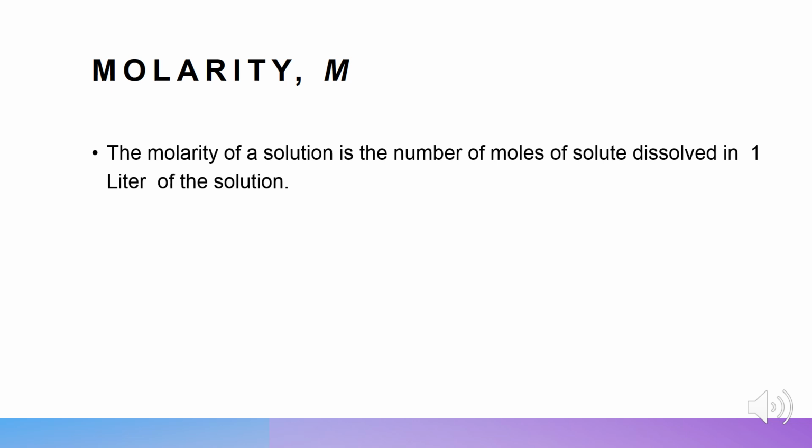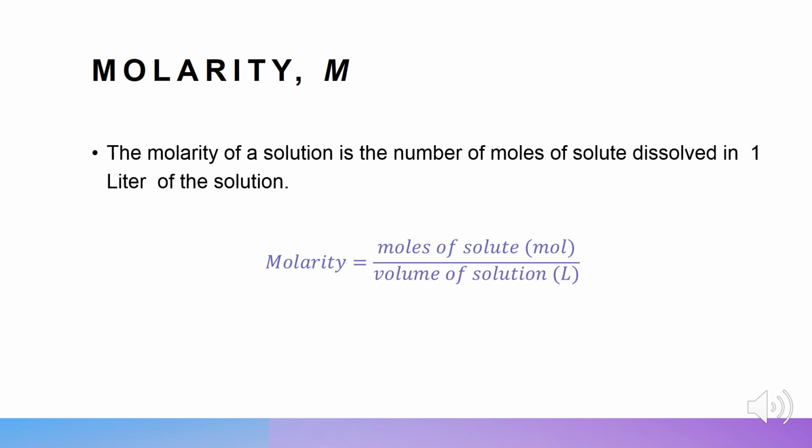Molarity is defined as the number of moles of solute dissolved in 1 liter of solution. To calculate molarity, molarity is equal to the amount of solute in moles divided by the volume of solution in liters. If the volume is given in mL, you must convert the unit from mL to liters.